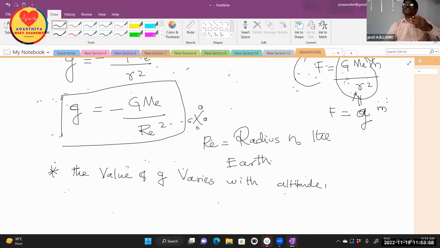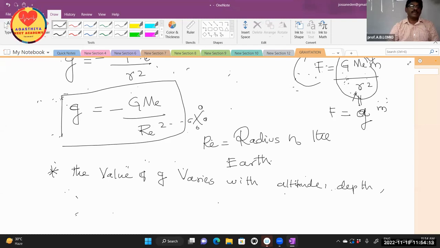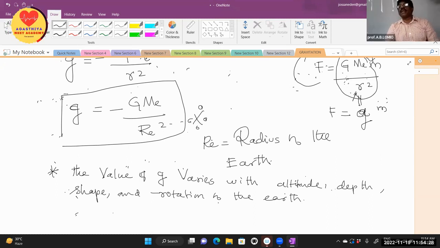Altitude means the position of the mass above the earth, and depth indicates below the earth. The value of g varies with altitude, depth, shape, and rotation of the earth.